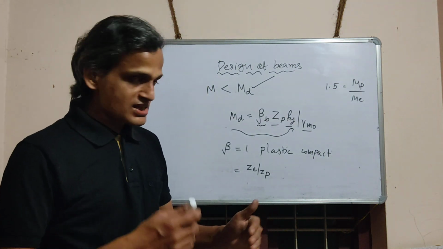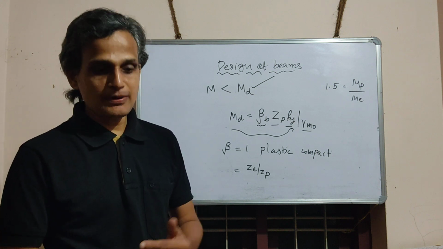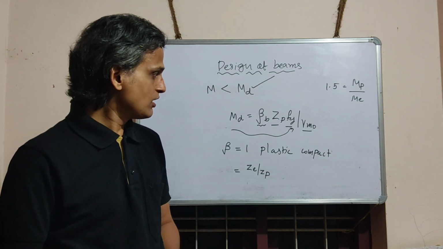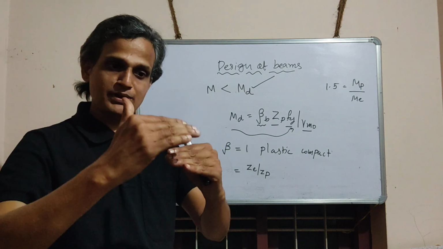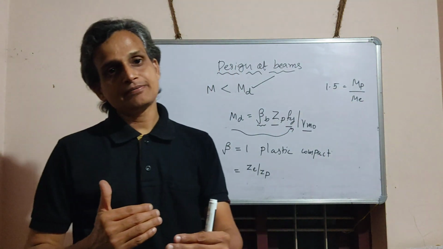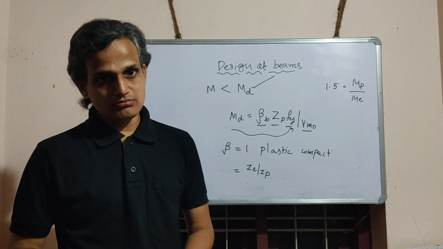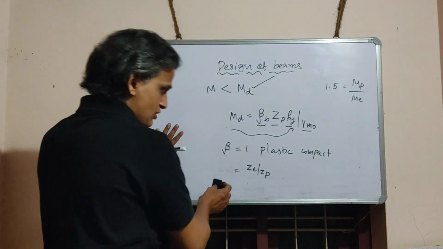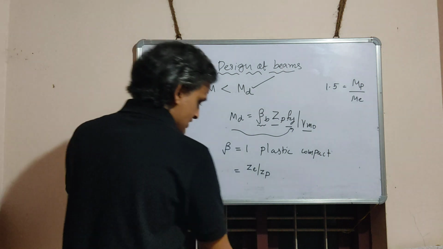Plastic sections are capable of developing plastic moment, and beyond this plastic moment, they can do something more. At the same time, compact sections have capacity up to MP only. Then, for semi-compact, it is slightly lesser than MP, in between ME and MP. That is the structural behavior of plastic, compact and semi-compact sections.